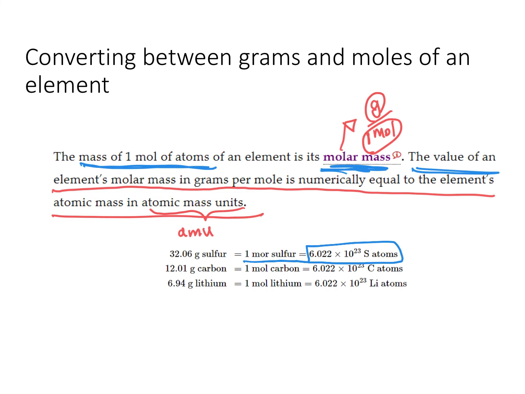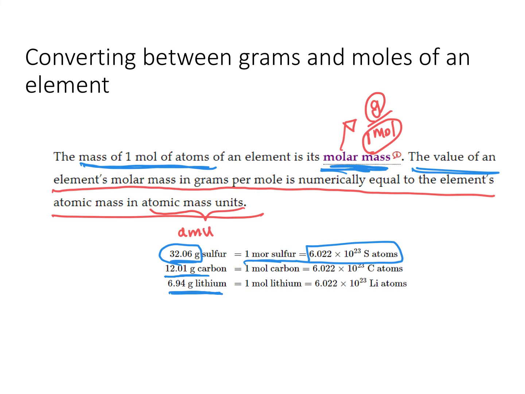And also, how can I find this number? 32.06. Exactly. We go to the periodic table that I give you in the exam, and then you read it. You do the same for carbon and lithium.